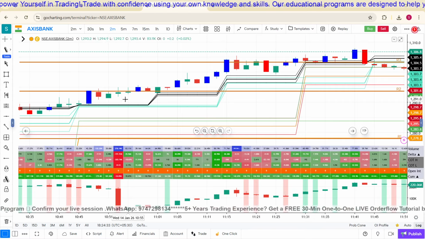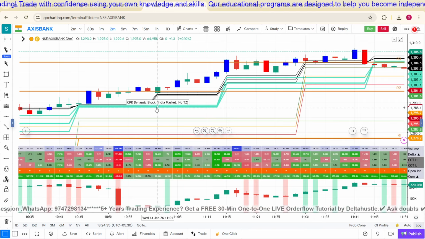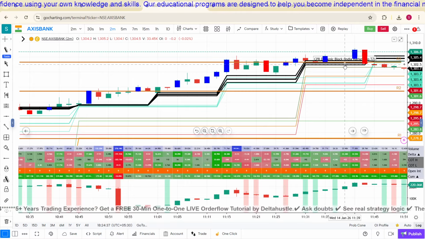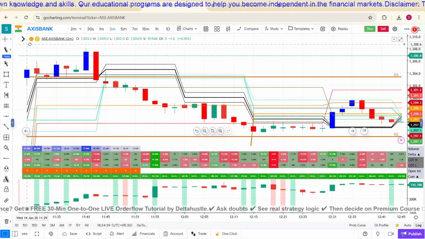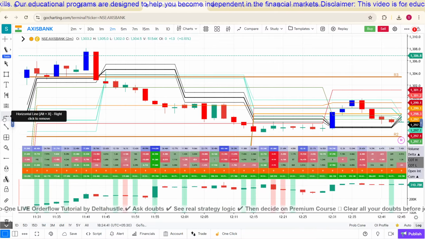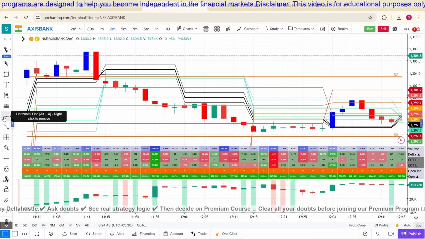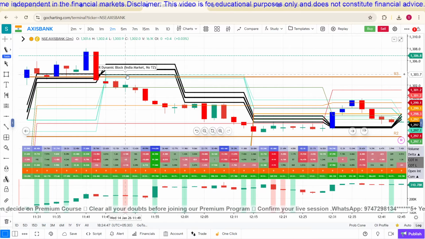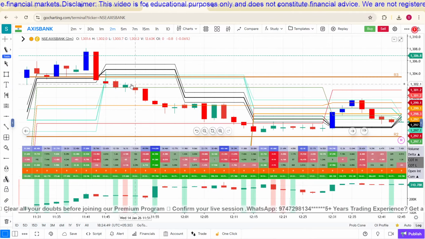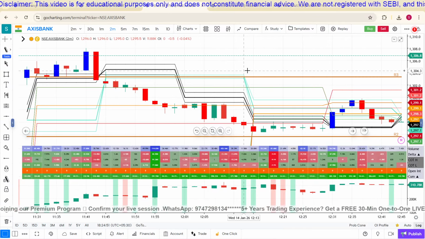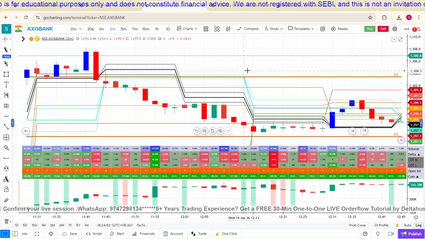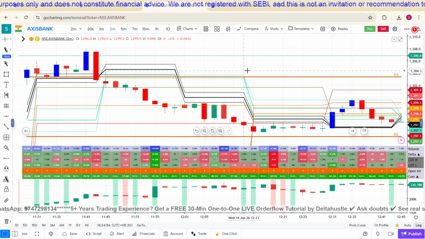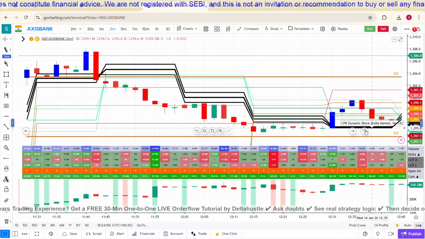See, in all this uptrend, the 15 minutes CPR is on the top. And here the breakdown happened. It came down lower to the 15 minutes CPR, so we exit all our long positions. All right. And what has happened today? We will check.